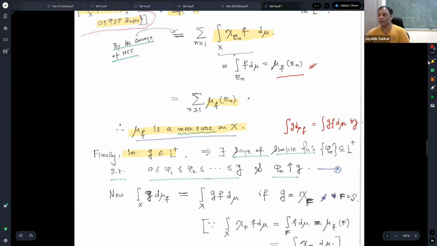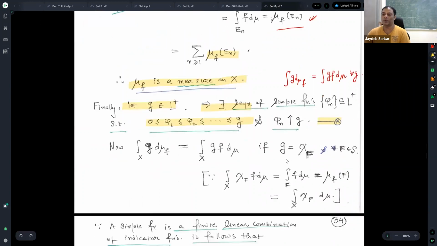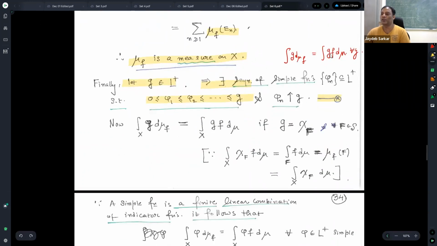So you pick a g, and that tells you there exists a sequence. Again, you know that trick. You pick up an increasing sequence of simple functions which converges to g. You do that, call it star, and then you just pause for a moment and observe something else. So you want to prove this, by the way.